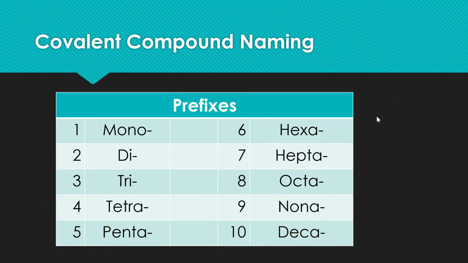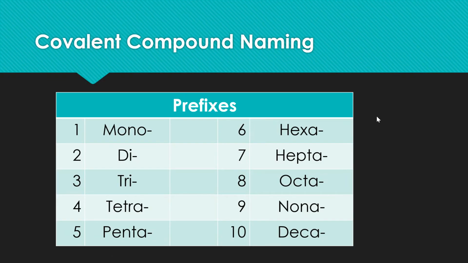So here are the prefixes. If you have 1 of something, you say mono. 2 of something, it's di. 3 of something, it's tri, like tricycle. Here's the one that trips most people up. 4 of something is tetra. I always remember it because of that old school game Tetris, where all the shapes had 4 blocks.